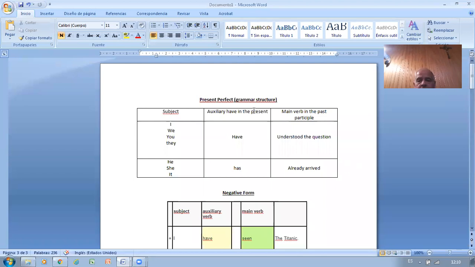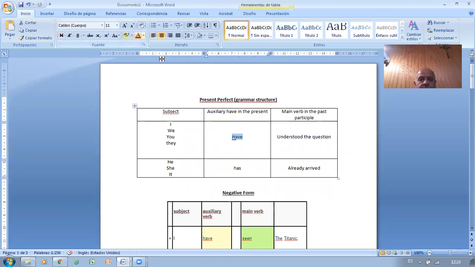In the present perfect, you have the subject, the auxiliary have, but in the present, and the main verb, or the most important verb, in the past participle. Okay? So, for example, I, we, you, they have, doesn't change.